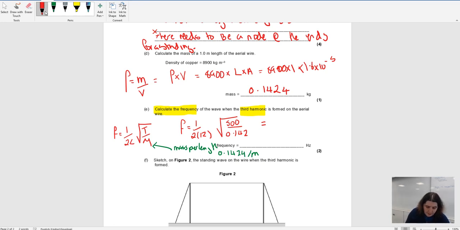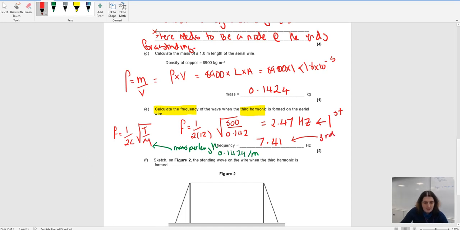I've got 2.47 hertz. And that is for the first harmonic. For the third harmonic, I'm going to want to times that by 3 and get an answer of 7.41. And this is the third harmonic.